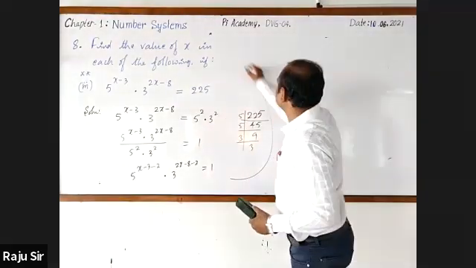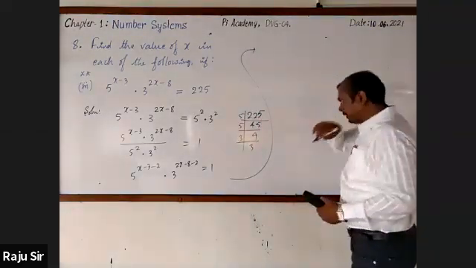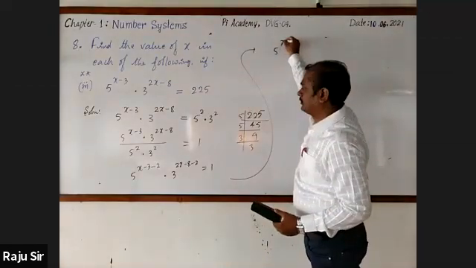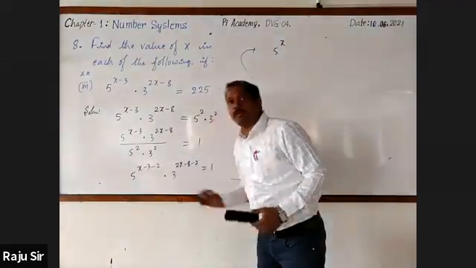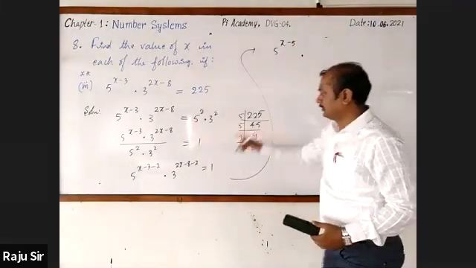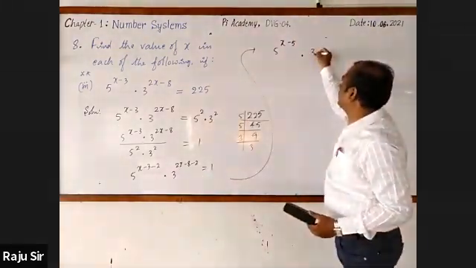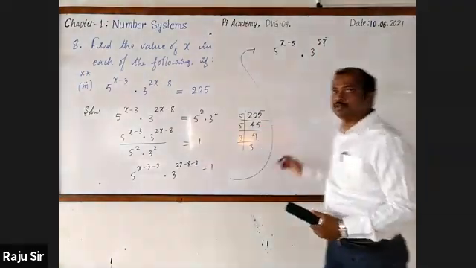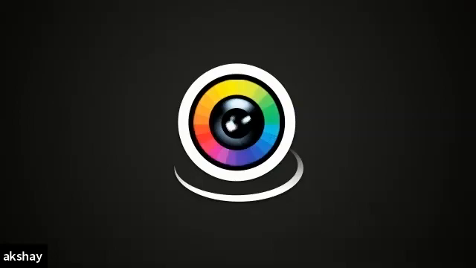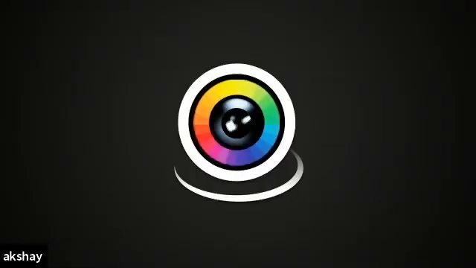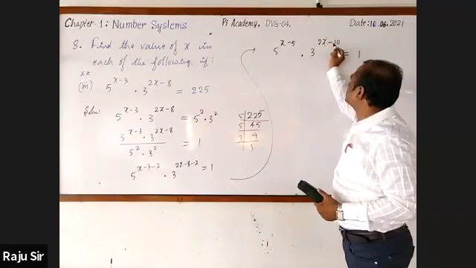Now, this is equal to 5 raised to the power x minus 3 minus 2, that is minus 5, into 3 raised to the power 2x minus 8 minus 2, that is minus 10, equal to 1. Now again you can observe that here power is 2x minus 10.